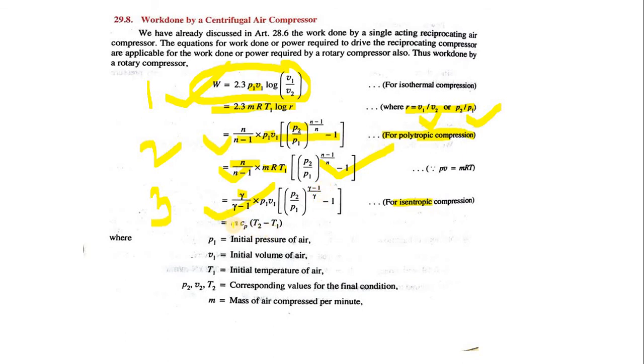The meaning is the same, that is m Cp delta T, so m Cp (T2 - T1). These are the three important formulae of work done during isothermal, polytropic and isentropic compression for a centrifugal air compressor.